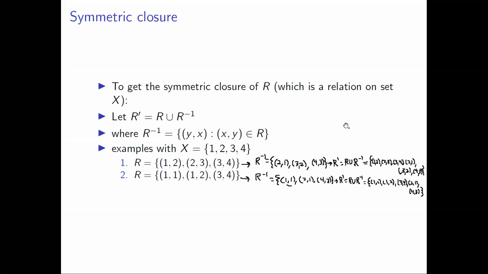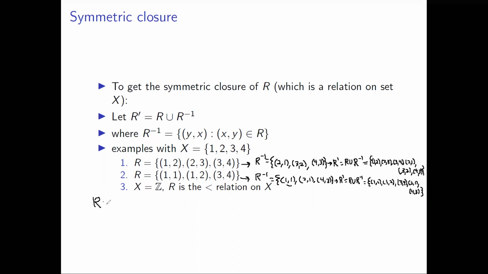Here's one last example. Let's say our set, instead of being 1, 2, 3, 4, is the integers. And we'll have R be the less than relation on the integers. So specifically, R here is the set of ordered pairs X, Y for which X is less than Y, and both X and Y are integers.